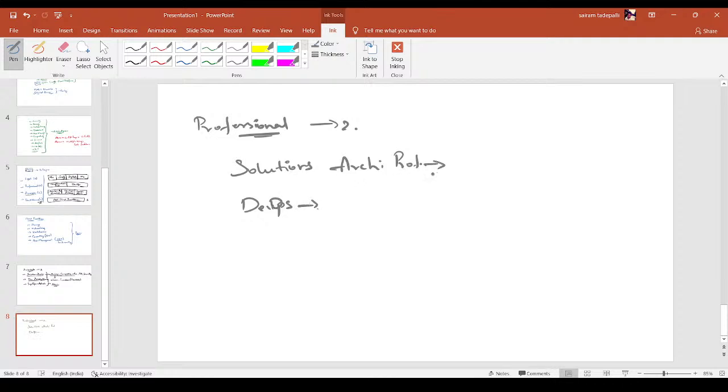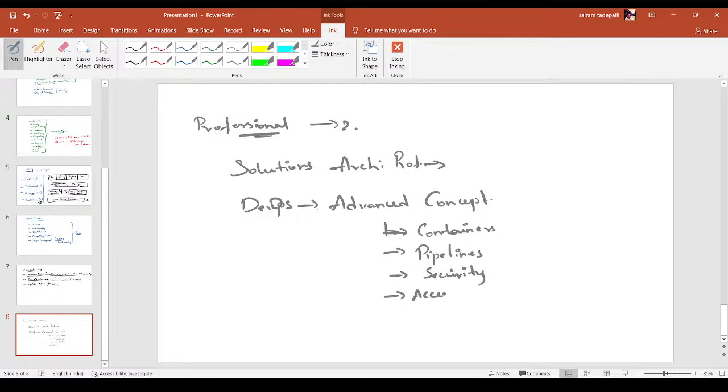So DevOps is the advanced concept in cloud computing. In this DevOps you will be having containers where you will be deploying your code. You will be having pipelines in those things. So you need to manage the security protocols internally, and access management, everything you need to control individually.